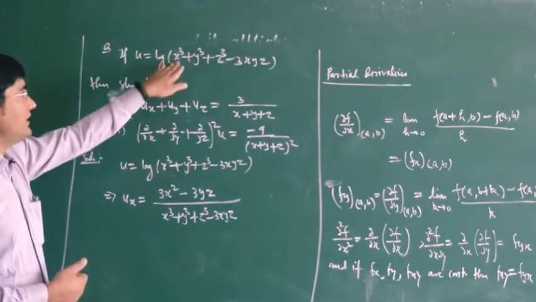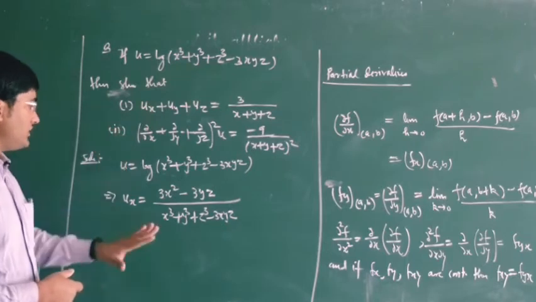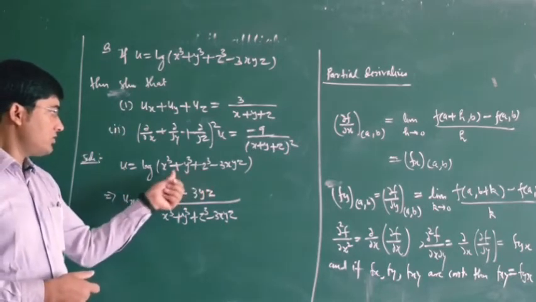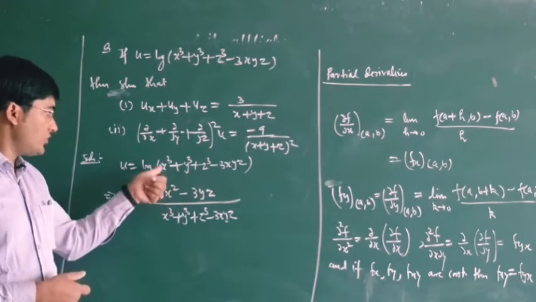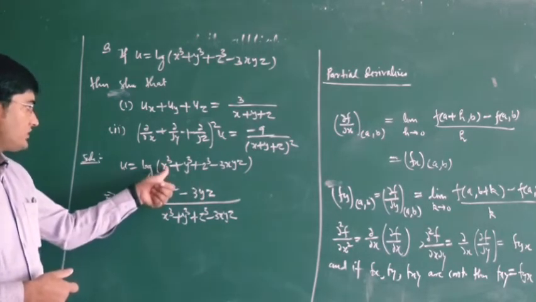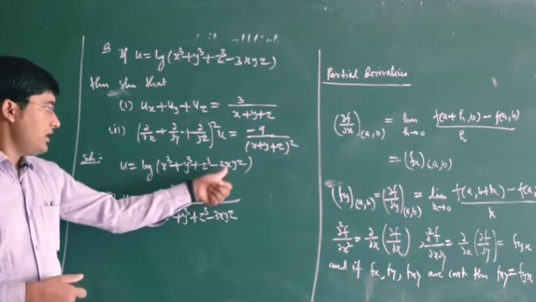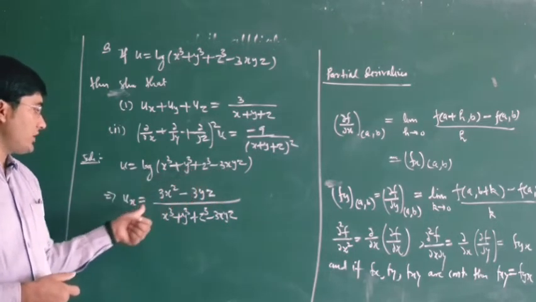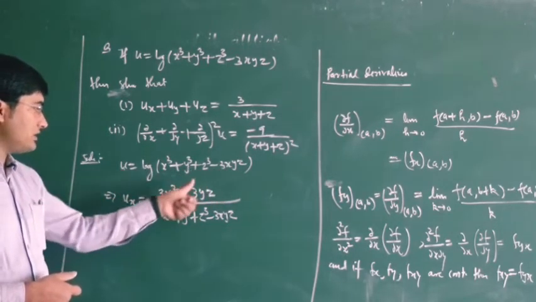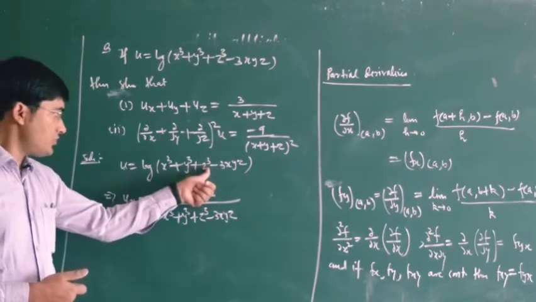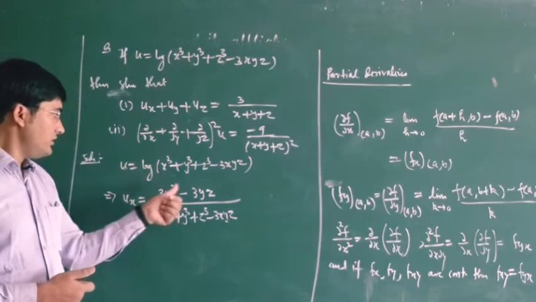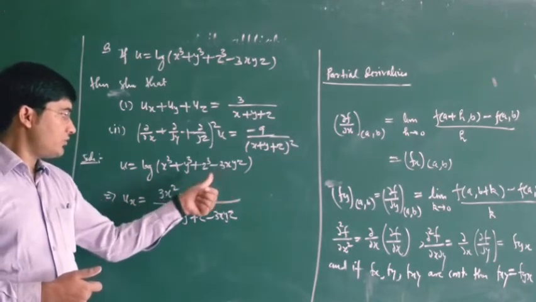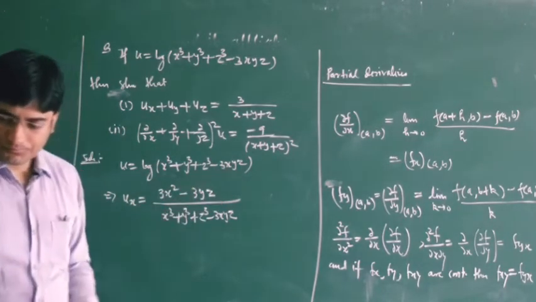Please note that here our u is a function of x, y and z. So that means x, y and z are independent of each other. That is why del y upon del x is 0, del z upon del x is 0. So we have only the differentiation of x cube, which is 3x square, and the differentiation of y cube with respect to x will be 0 because x and y are independent of each other. Differentiation of z with respect to x will be 0 because u is a function of x, y and z, and here the differentiation of x will be 1 and we have 3yz.